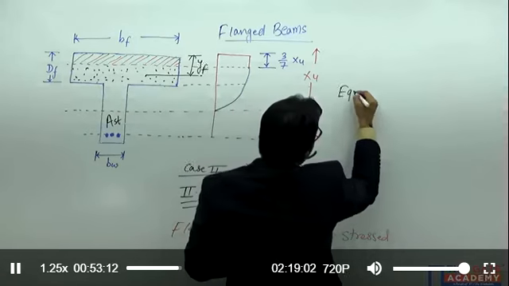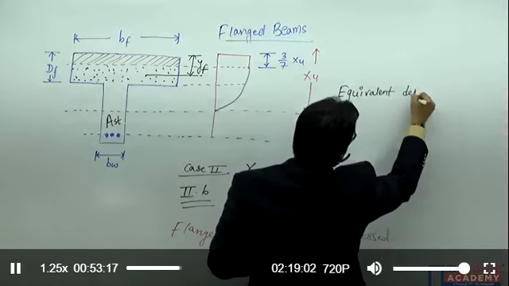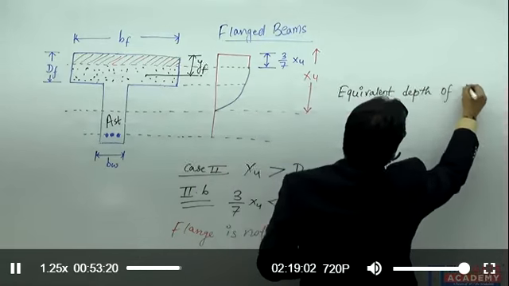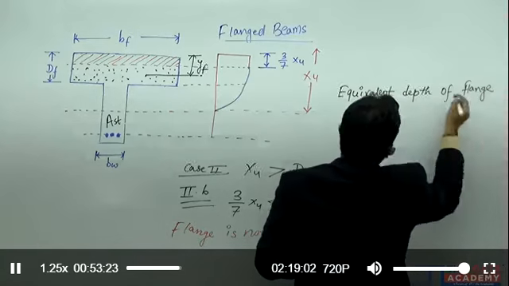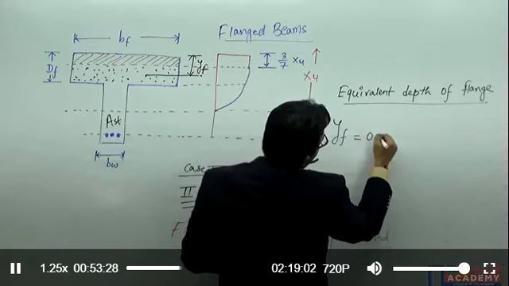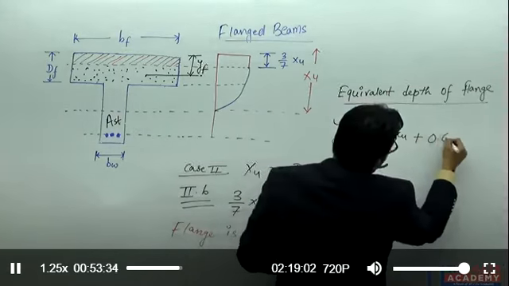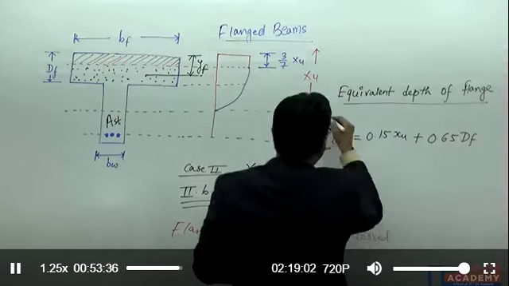Equivalent depth of the flange. We can write here equivalent depth of flange, YF equal to 0.15 XU plus 0.65 of depth of flange.